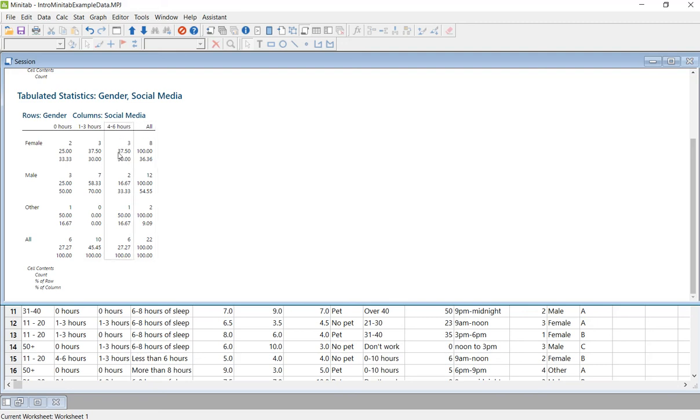So in all honesty, it's pretty equal in the 1 to 3 and the 4 to 6 for women. Versus if you look at men, 25% are 0 hours, 58.33% are 1 to 3, and 16.67% are spending 4 to 6 hours. And then you can see that for people who identify as other, it's 50% 0 and 50% 4 to 6.